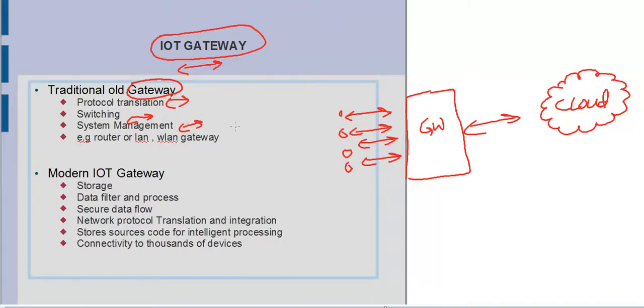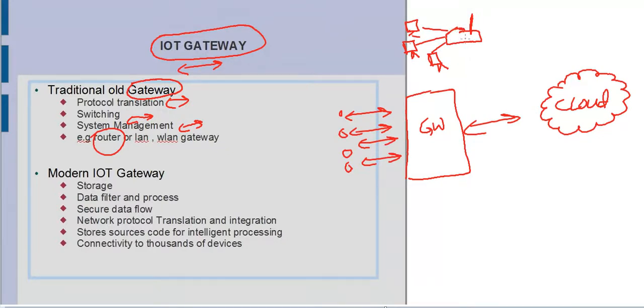An example of a traditional old gateway is our router that we use for LAN and Wi-Fi connections. With this router, we have an antenna, and some computers are connected to it, or Wi-Fi devices like mobile phones.